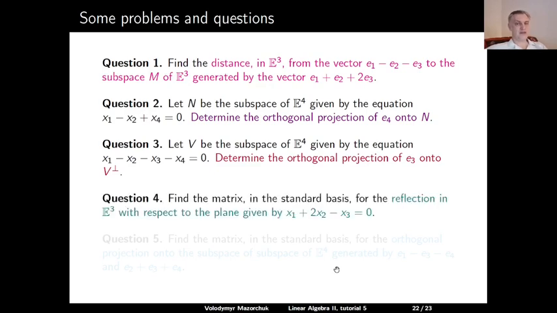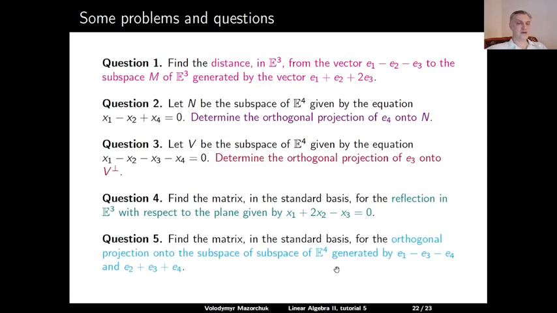Find the matrix in the standard basis for the reflection in E3 with respect to the plane given by the equation x1 plus 2x2 minus x3 is equal to 0. And question 5. Find the matrix in the standard basis for the orthogonal projection onto the subspace of E4 generated by the elements E1 minus E3 minus E4 and E2 plus E3 plus E4.